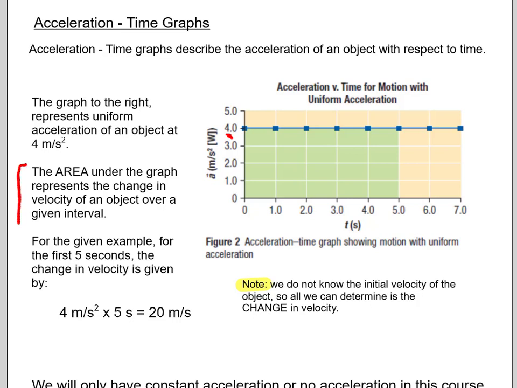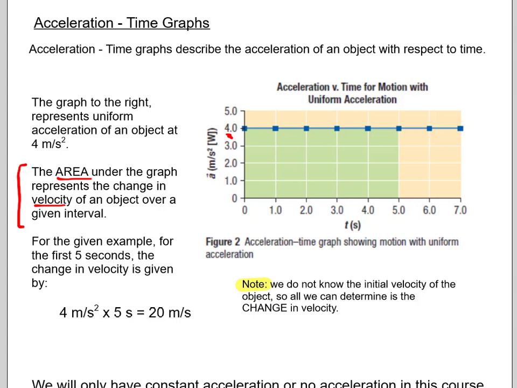The key here is the area under the graph represents the change in velocity. In this case, there is no slope value that we're worried about. For an acceleration time graph, we're only interested in the area under the curve.